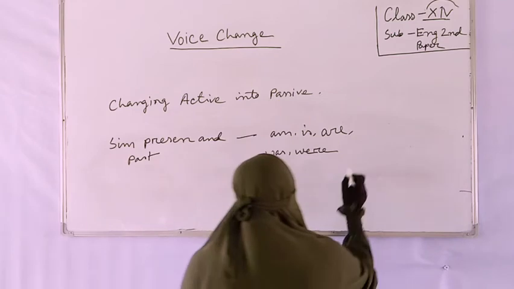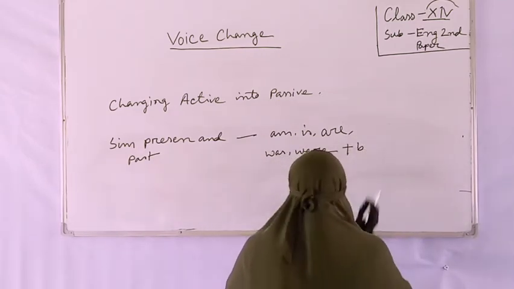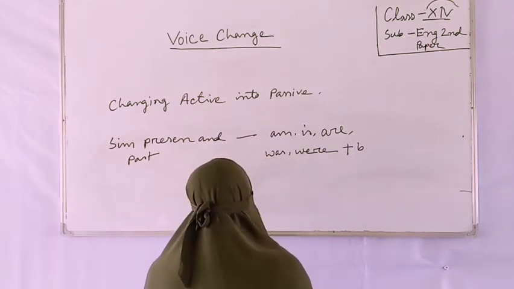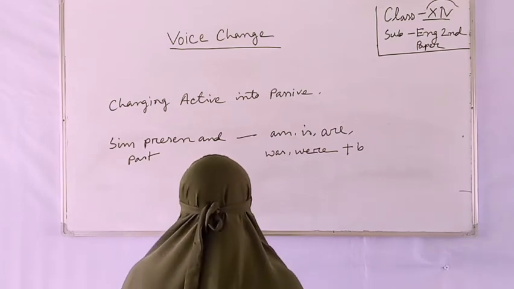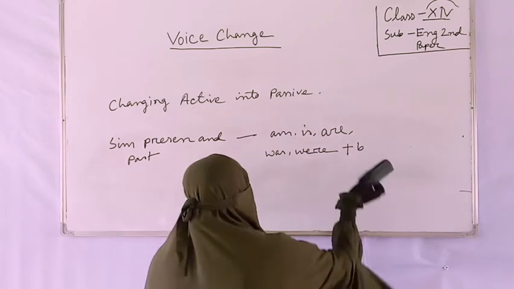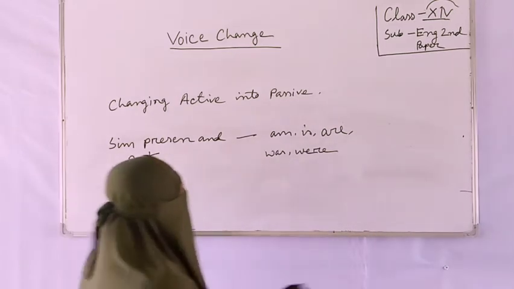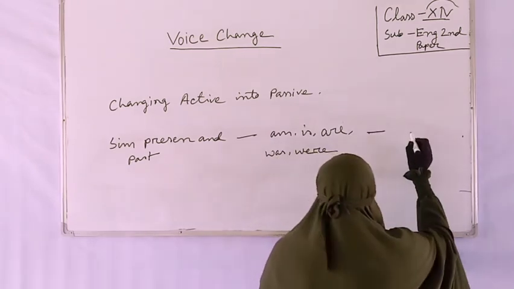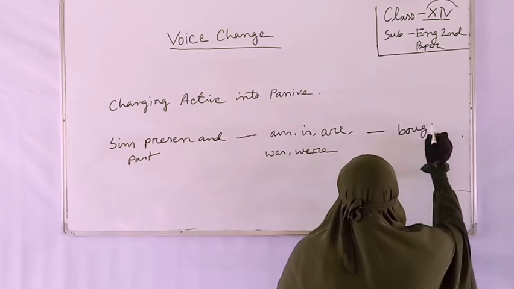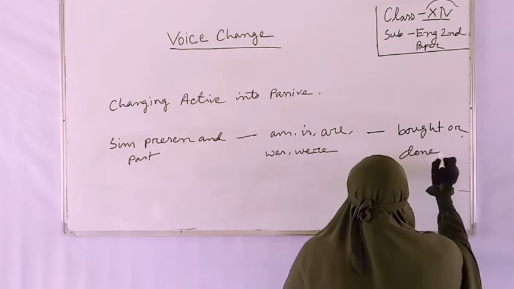And we have to add a being. We have to add these to be verbs in case of simple present and past, and the main verb will be in past participle form, that is bought or done, etc.